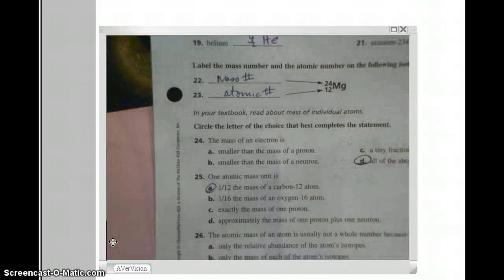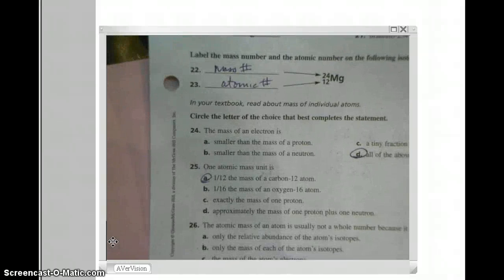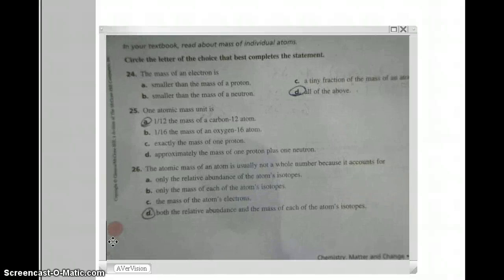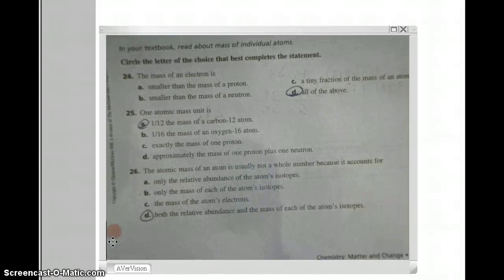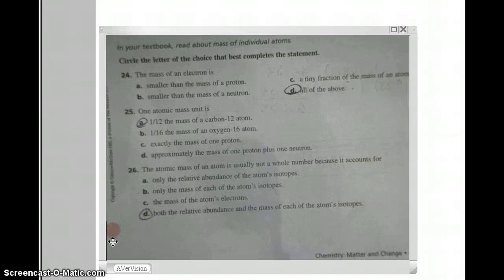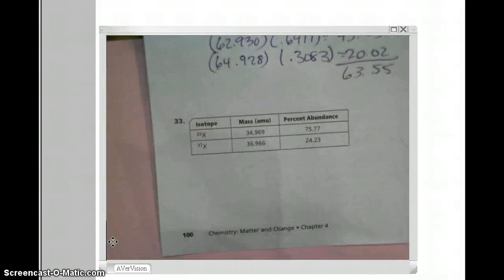The atomic mass, number 26, of an atom usually is not a whole number. Okay? The atomic mass is usually not a whole number because it accounts for both the relative abundance and the mass of each atom. Now, I'm going to show you how to calculate the relative abundance by doing problem 33 together.